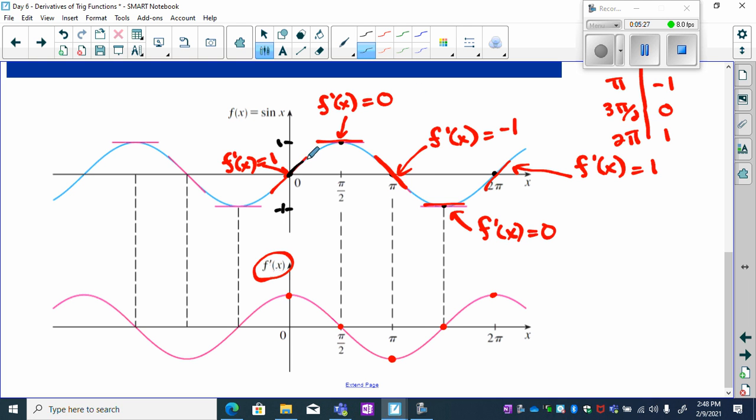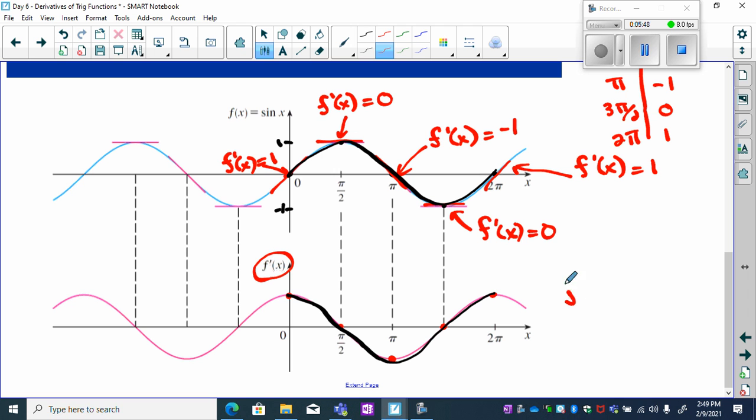Now, there's the curve y equals sine x, or f of x equals sine x. When I join these with a smooth curve, that's not real smooth, but it's not so bad for my tablet work here. What shape does that curve actually have?